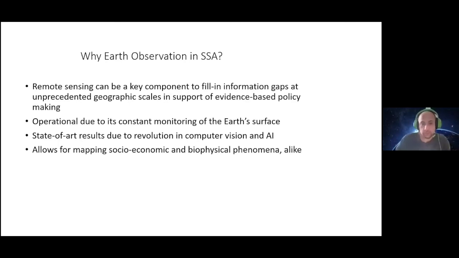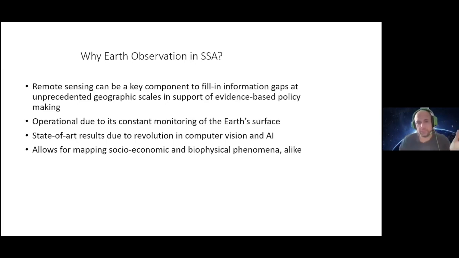It is operational as it's constantly monitoring the Earth's surface, so we can acquire image after image if we want to. And it connects very well, as you all know, with computer vision and machine learning. The combination of satellite images and AI is very synergistic, with a huge potential. And very importantly, we can map both biophysical and socioeconomic phenomena through the combination of AI and Earth observation.